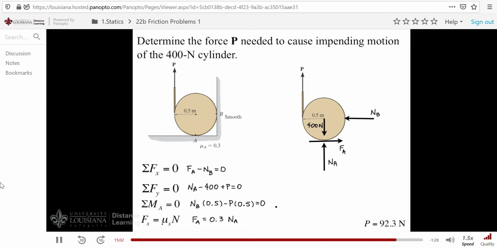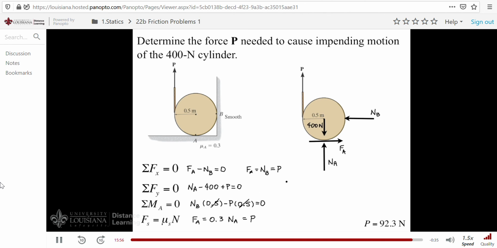All the equations have been written, and now we have to solve these 4 equations for the unknowns, especially getting P. And how can we do that? Well, one thing we can do is we can say that f of A is equal to n sub B. And if that's true, then I can cancel out my 0.5, and say that n sub B is equal to P, and therefore f of A is equal to P. Now I can substitute into here and write the following. 0.3 NA is also equal to P. And finally, I can solve for n sub A in terms of P, and I can put it up into here.